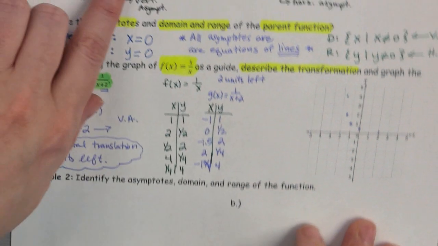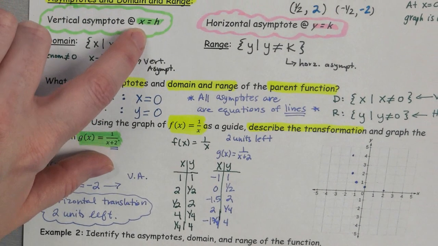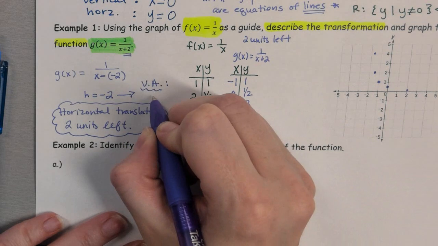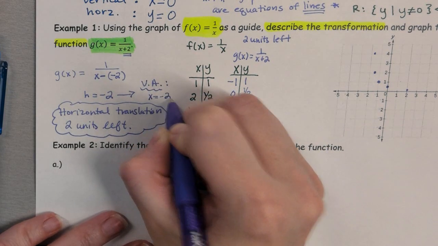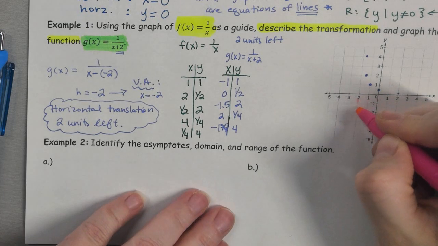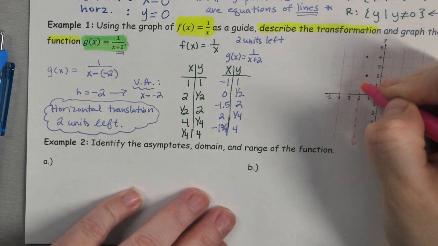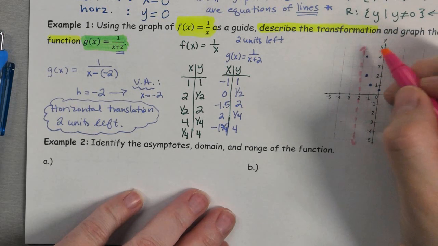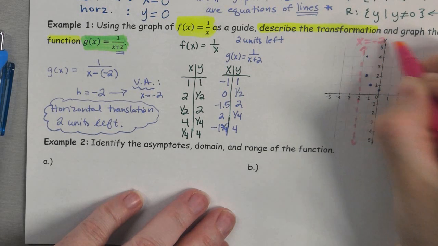Remember, the vertical asymptote is at x equals h, right? So the vertical asymptote for this is x equals negative 2. Let's go ahead and put that in, because I think that's going to make graphing it easier for you. So x equals negative 2.